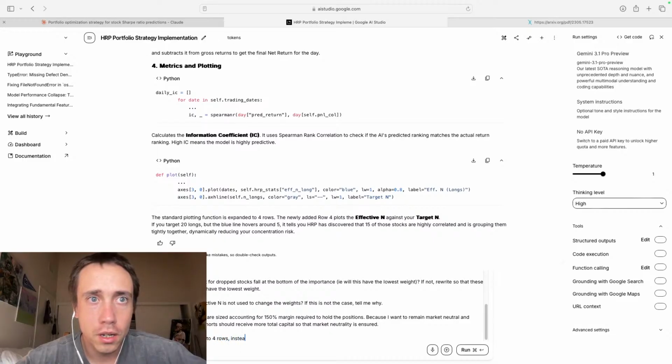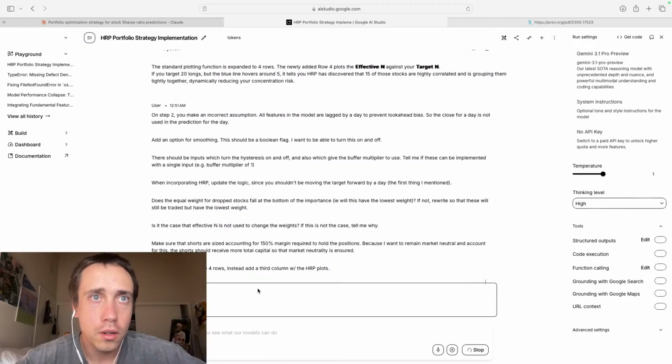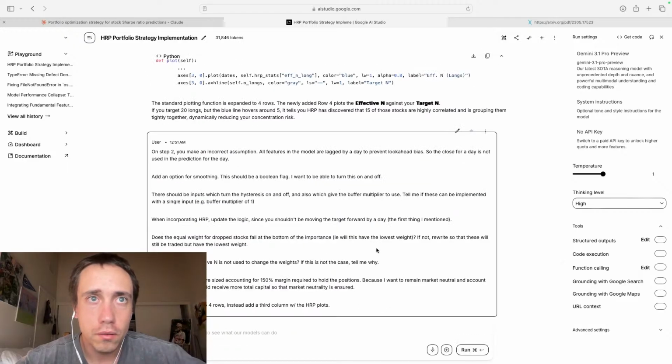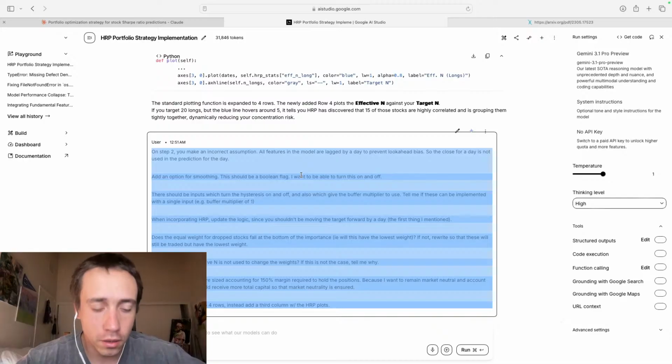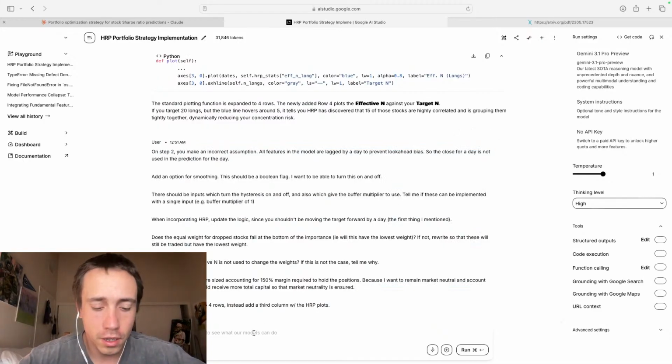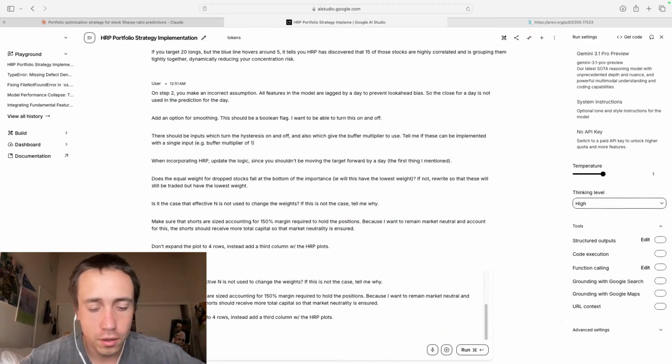Instead, add a third column with the HRP plots. Okay, let's say this whole thing again, and then rewrite the class.